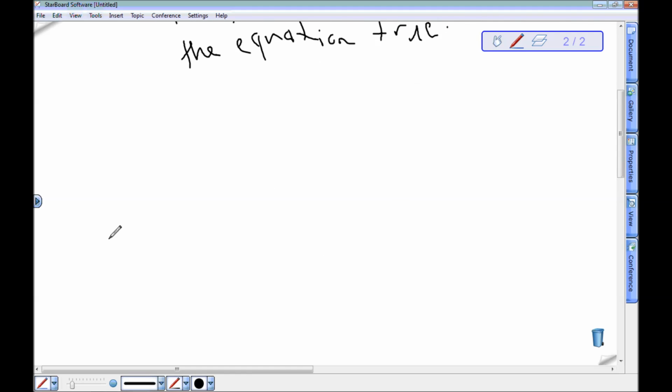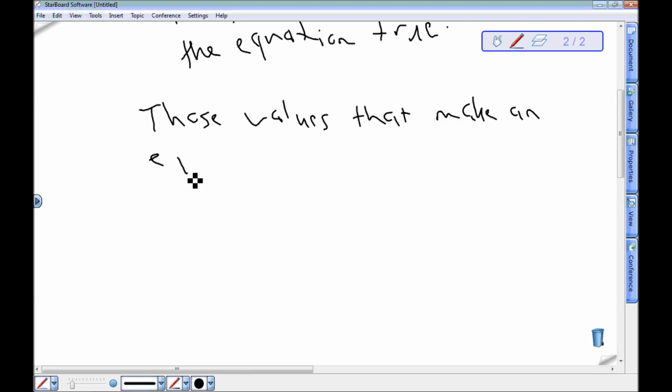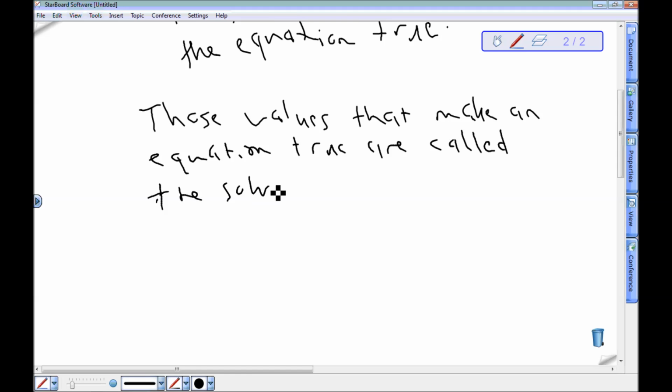We call those values, those values that make an equation true, either the solutions or the roots of the equation.